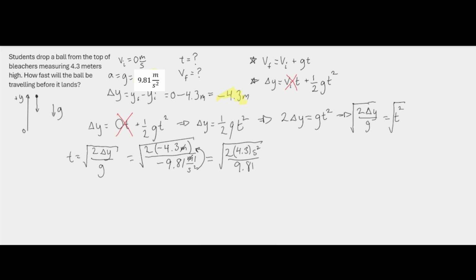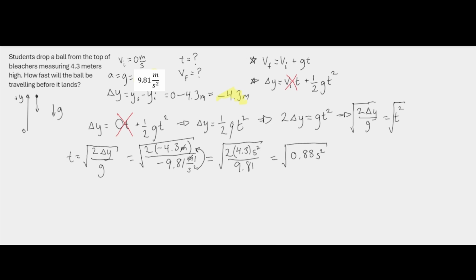And I get a decimal value. So this is going to be equal to the square root of 0.88. I'm rounding to 2 decimal places, and I still have my seconds squared.